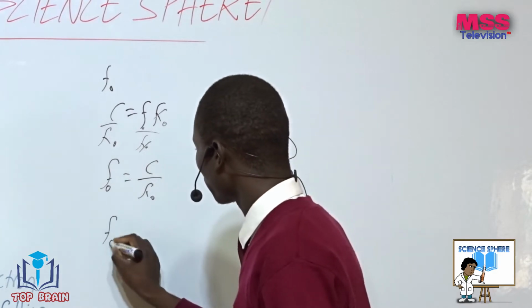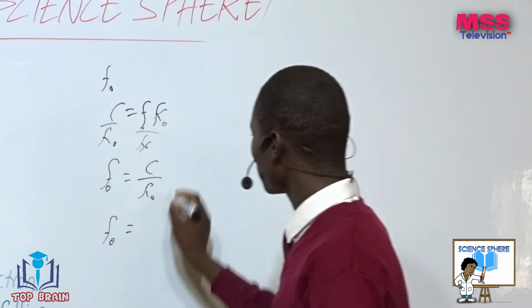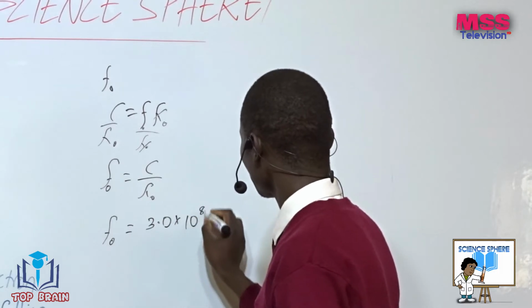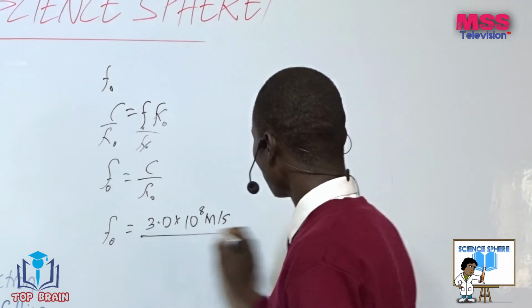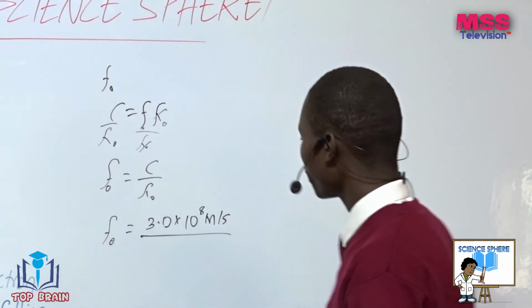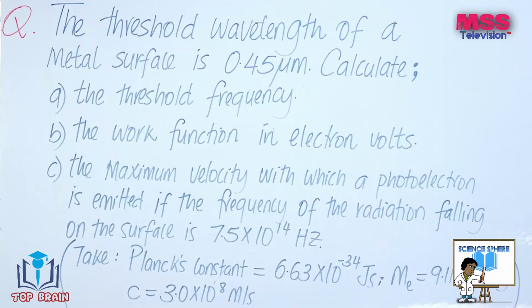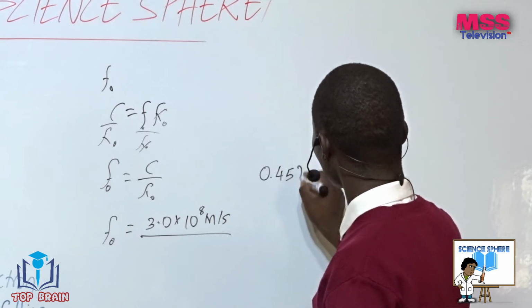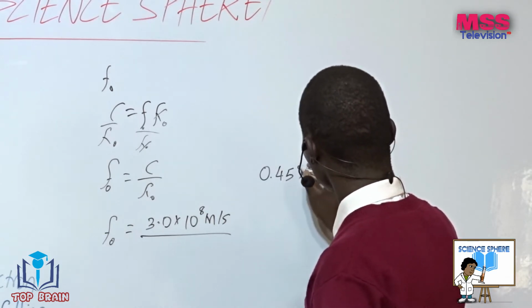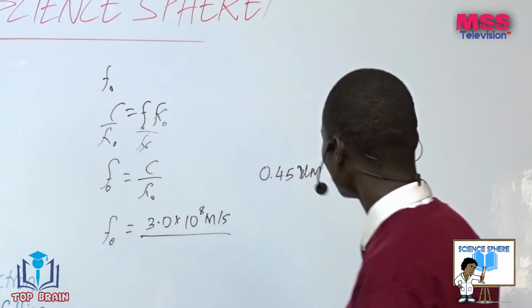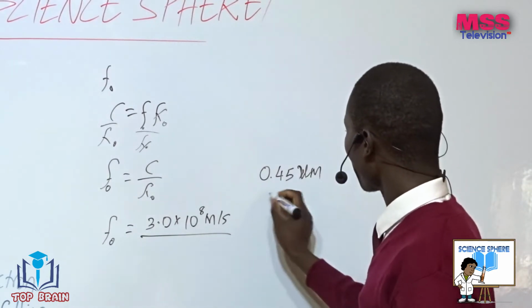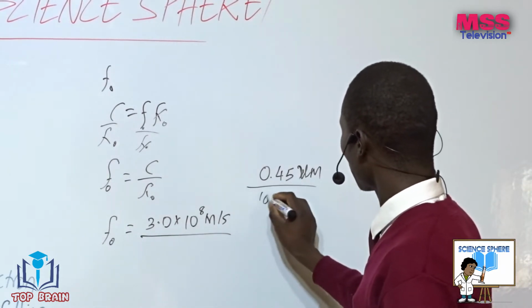F naught is going to be given by C, which is 3.0 times 10 raised to power 8 meters per second, divided by our threshold wavelength. It's given in micrometers, which is 0.45 micrometers. We convert this into meters. You simply divide by a million.